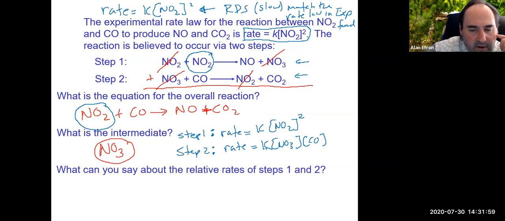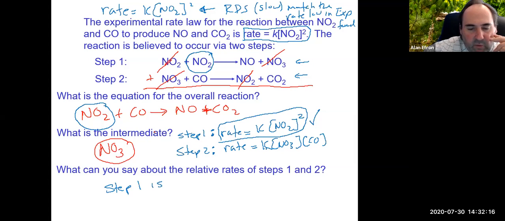So when we go to our rate laws here for step 1 and step 2, we could hopefully see that step number 1 has a rate law that matches perfectly. And what that means is step number 1 is the rate determining step, the RDS, or the slow step in this mechanism.